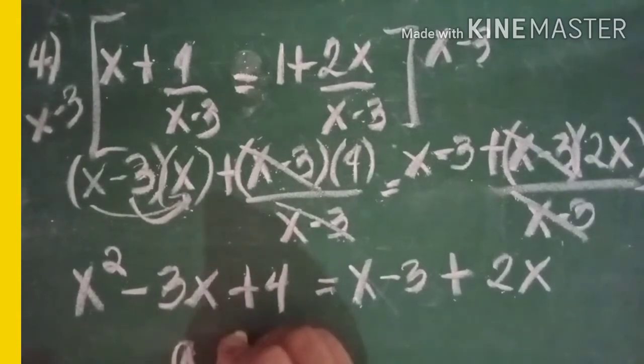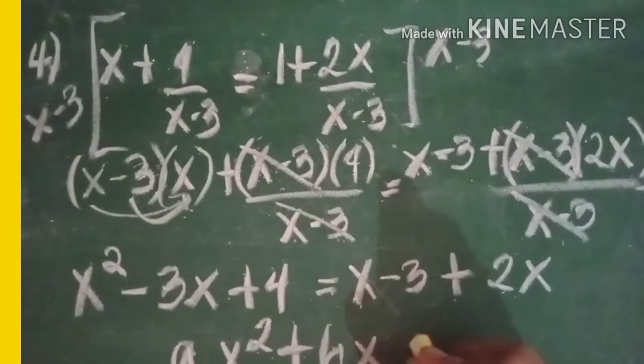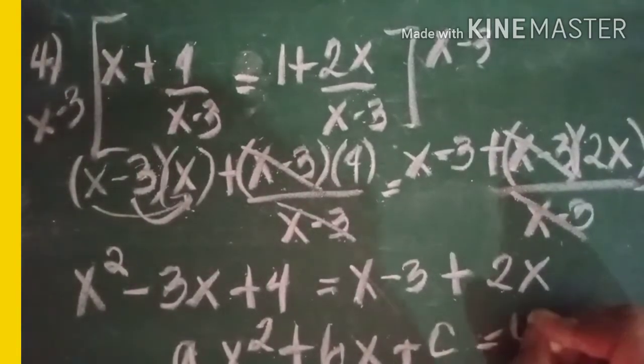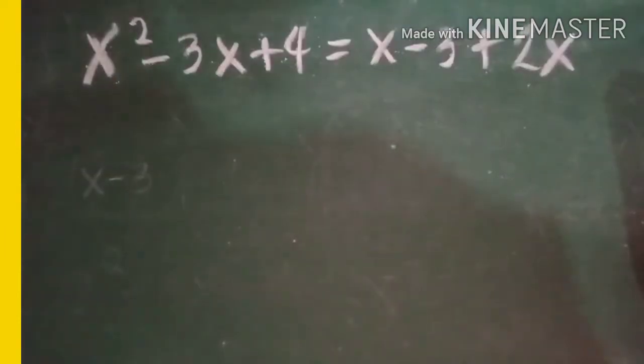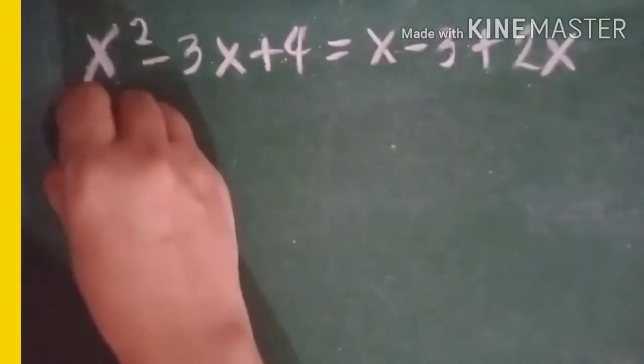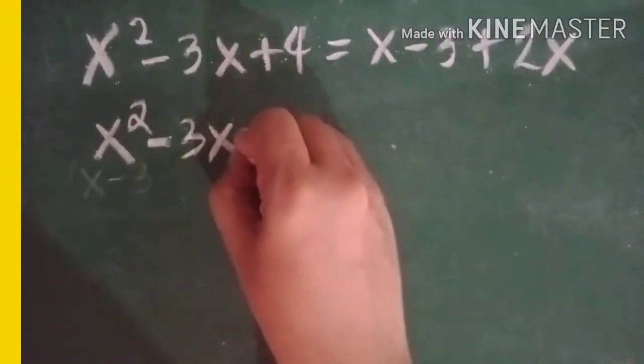And then, isi-simplify na natin sa standard form which is ax squared plus bx plus c equals 0. Okay, again, ang equation natin is x squared minus 3x plus 4 equals x minus 3 plus 2x. Okay, so sisimplify natin.